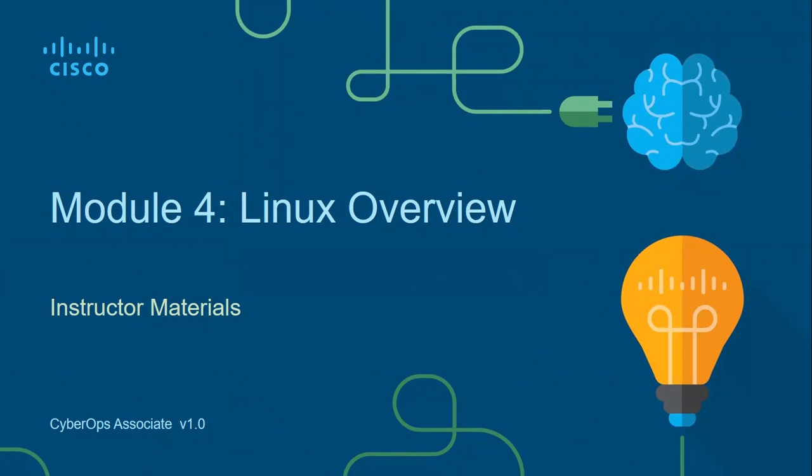They don't know much about this other operating system called Linux. In security, it is very, very important that you know how an operating system works. So last time we looked at an operating system called Windows. Today, we're looking at another operating system called Linux.